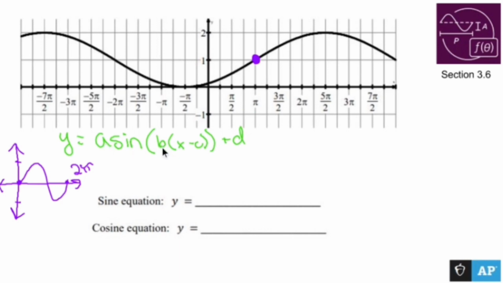B is the frequency. I'm going to have to do a little bit of math. C is going to be a phase shift, which means horizontal, left and right. Keep in mind, whenever you're dealing with stuff inside the parentheses with the x, everything is backwards. And then you have plus d. And d is going to be a vertical shift, just like it always seems to be whenever we deal with adding stuff outside the parentheses.